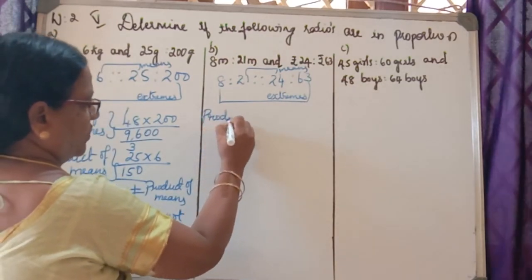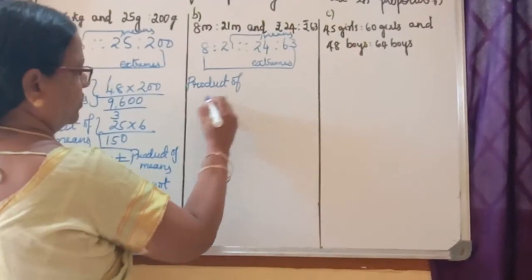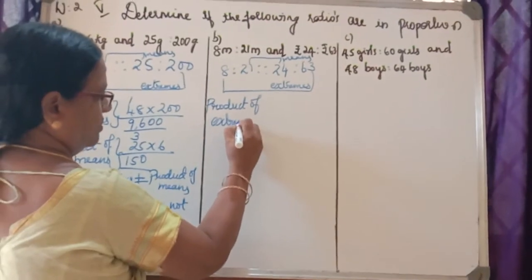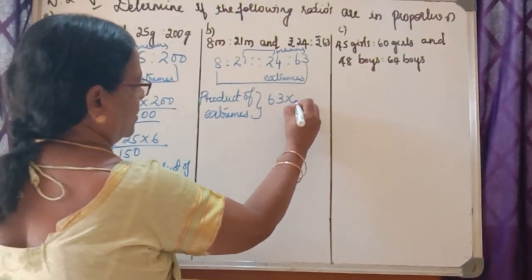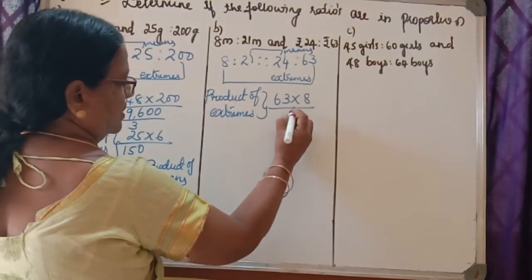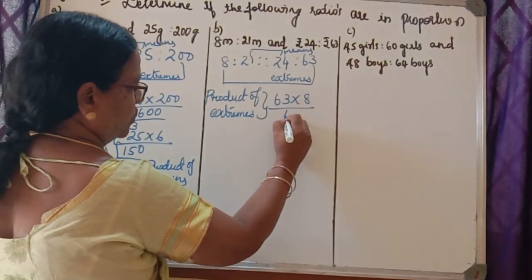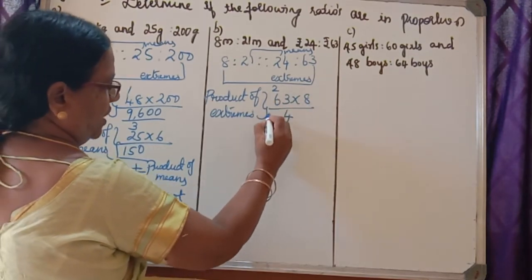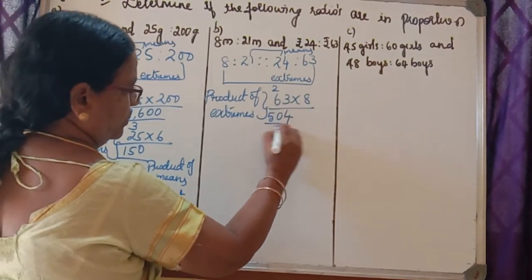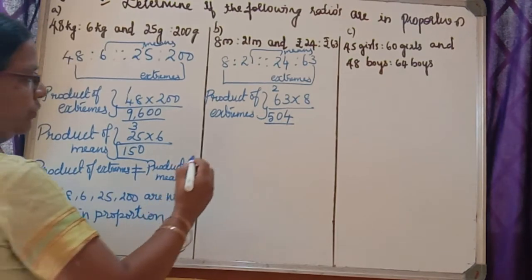What is the product of extreme? The product of extreme is equal to 63 into 8. 8 3s are 24, remainder 2. 8 6s are 48 plus 2, 50, 504.